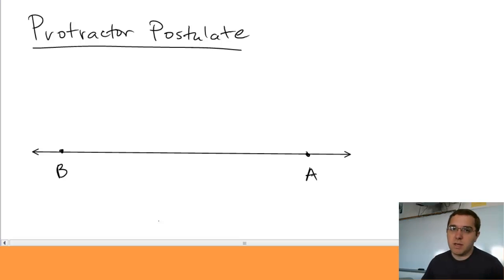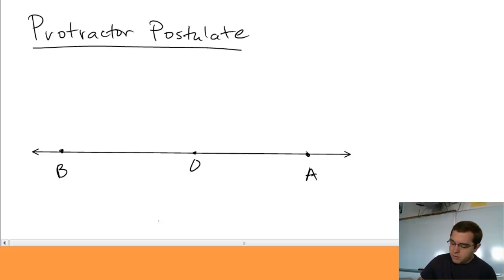We have a very similar thing called the protractor postulate for angles. And it says, if we have a line, so here line BA, or line AB, we're able to choose any point that we want. We call it O for origin. We can choose any point between A and B on our line.